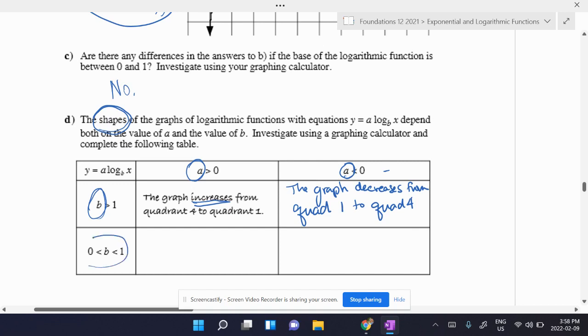If b is between 0 and 1, like it's a decimal or a fraction, and a is greater than 0, the graph decreases from quad 1 to quad 4.